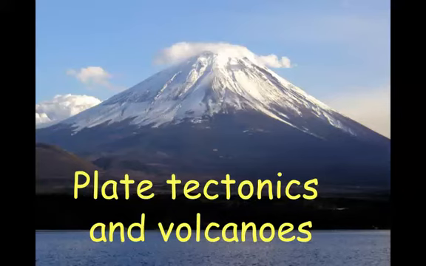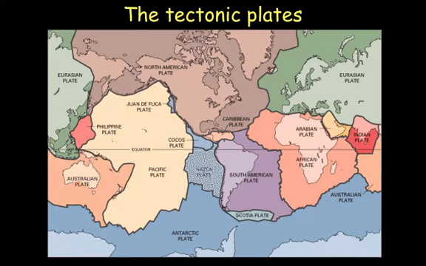Let's look at plate tectonics and volcanoes and how they relate. So we've got probably around 15 large tectonic plates spread around the globe, including our North American plate and the Pacific plate that's just adjacent to us. But all of these plates are formed within Earth's lithosphere.